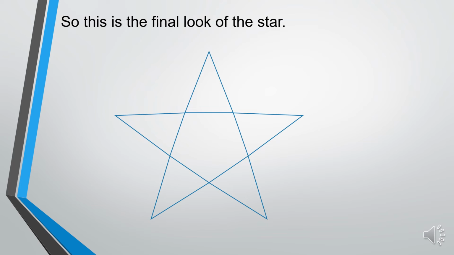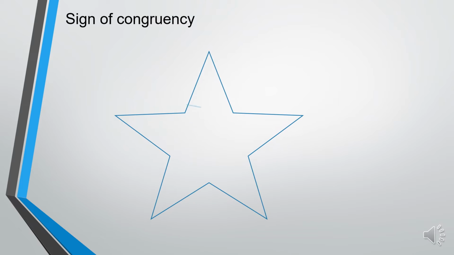From the pentagon, plus adding the same size of triangle in every side of the pentagon, this is the final look of the star. Sign of congruency. So as you can see in our figure, all sides of our star are congruent.